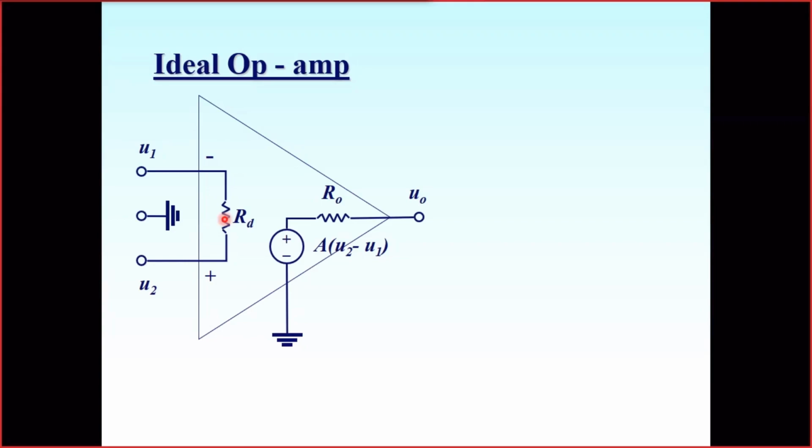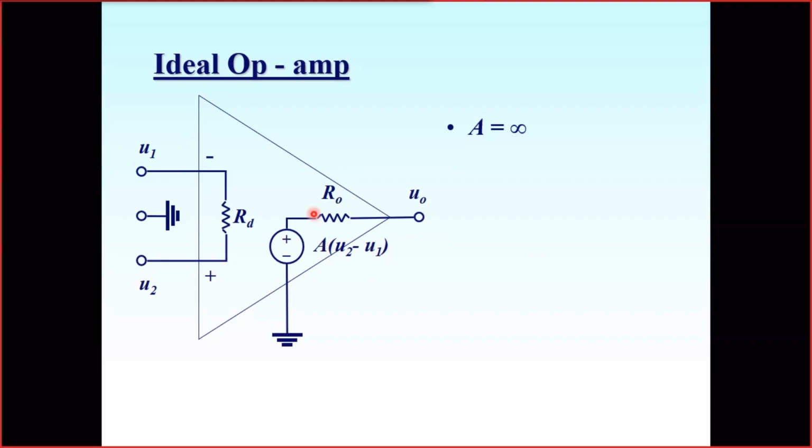So the amplifier produces the output voltage as a reaction to the difference between input voltages. It's a differential amplifier. It means that the output is proportional to the difference between the voltage on the non-inverting input U2 and the voltage on the inverting input U1. The output voltage is made of this difference, U2 minus U1, times the amplification.